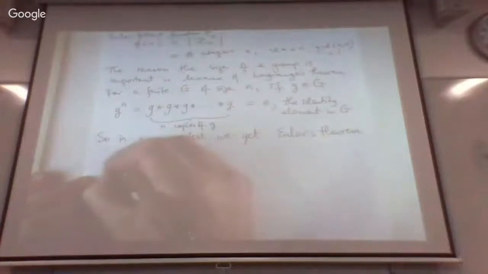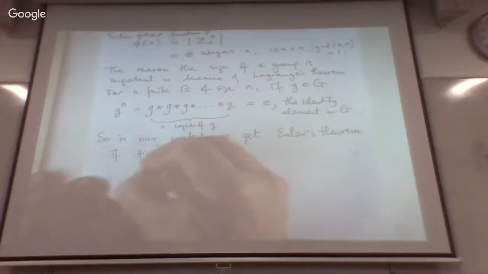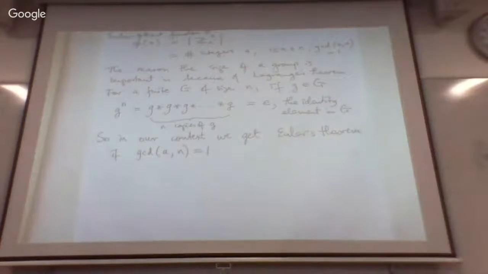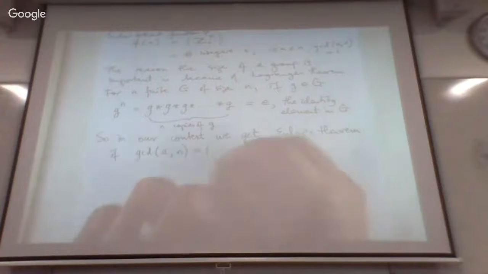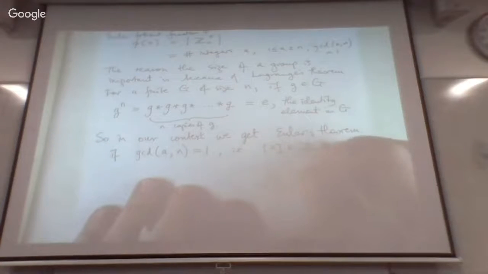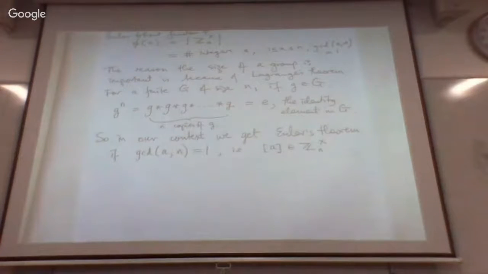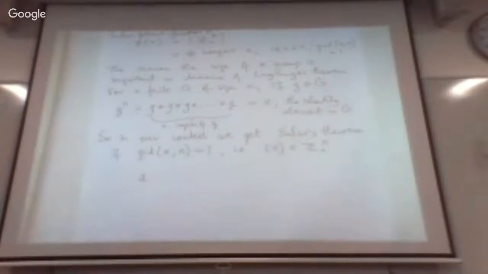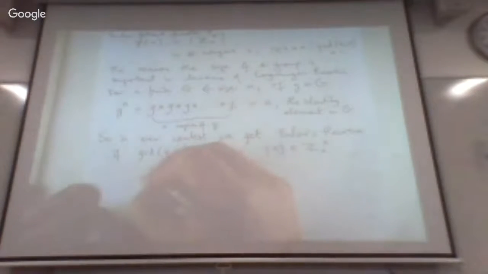And Euler's theorem says if the GCD of a and n is 1, so if a is coprime to n, i.e. the congruence class of a is an element of Zn times, so a is an element of the group of congruence classes under multiplication modulo n, then a to the power of the size of the group, now, the size of the group is this Euler totient function, will be equal to the identity element.